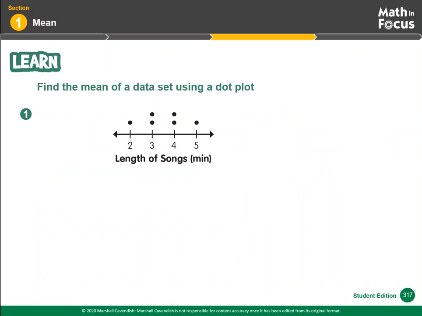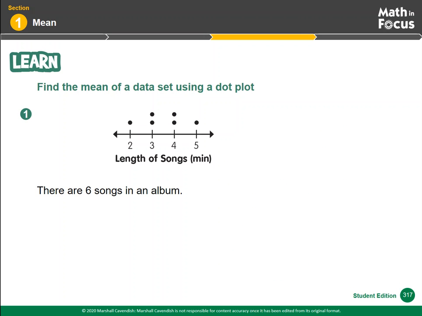Find the mean of the data set using a dot plot. Okay, so we made dot plots before. In this case, we've got the lengths of songs. So we have songs that are 2 minutes, 3 minutes, 4 minutes, and 5 minutes, and each dot represents one song. You have 1 song that's 2 minutes, 2 songs that are 3 minutes, 2 songs that are 4 minutes, and 1 song that is 5 minutes.